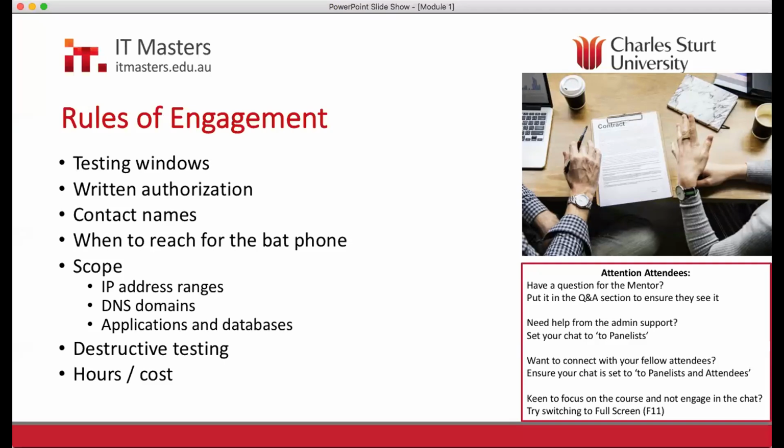Scope. You want IP address ranges, you want DNS names, you want applications and databases that you need to pen test. You don't want to go outside of that. You want to make sure the scope actually includes infrastructure that is owned and managed by the organization.